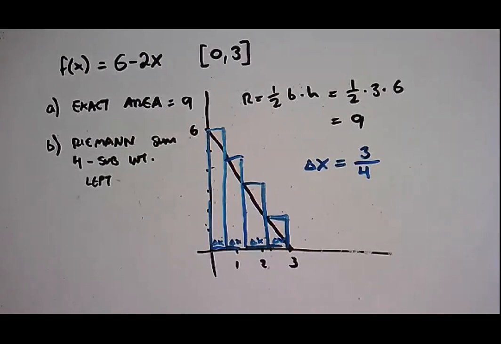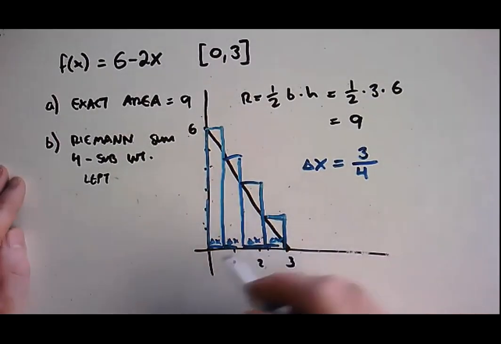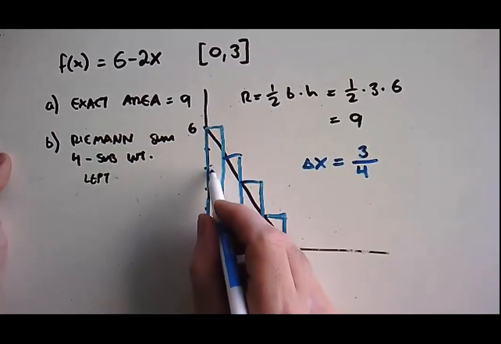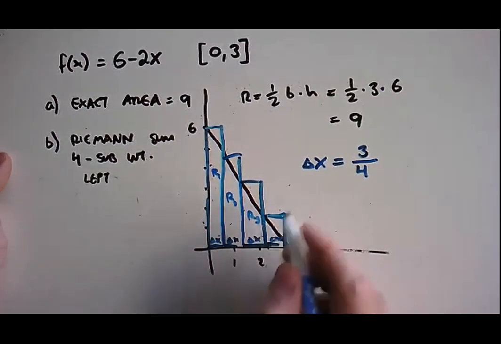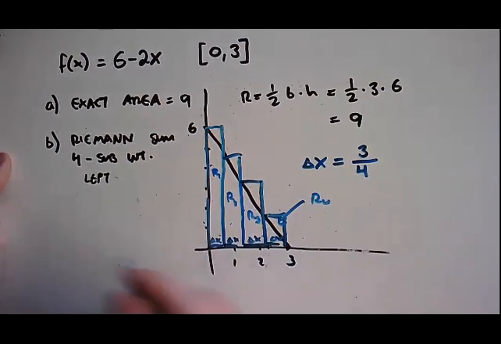That's a constant width of those rectangles. All right, well, let's calculate the height of each one of these rectangles. And by the way, we'll call them R1, R2, R3, and R4. Okay, so what we want to do is add those 4 areas together.